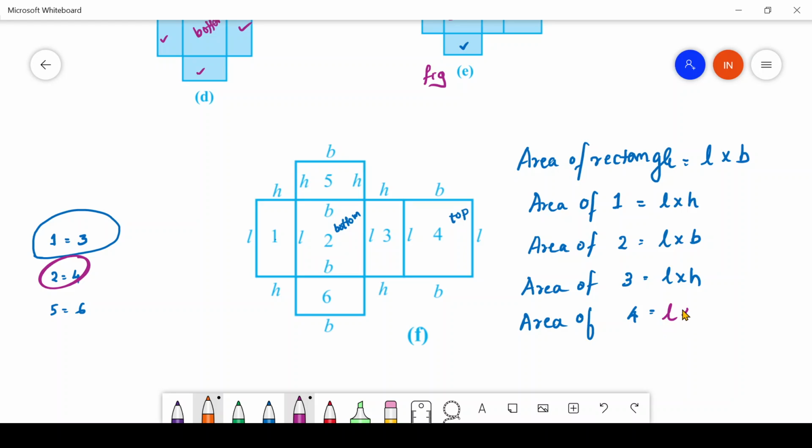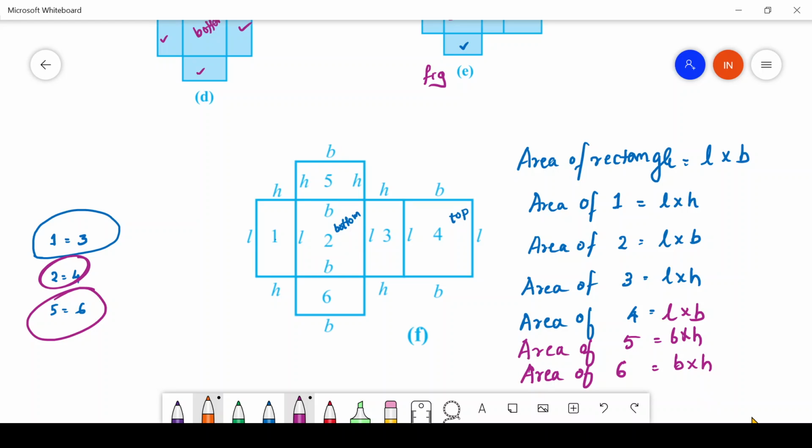So L into B. Now moving towards the area of face 5, you can see here H is the length and B is the breadth. So it will come as B into H. Similarly, the area of face 6, as we have seen here, faces 6 and 5 have the same measurement, B into H.